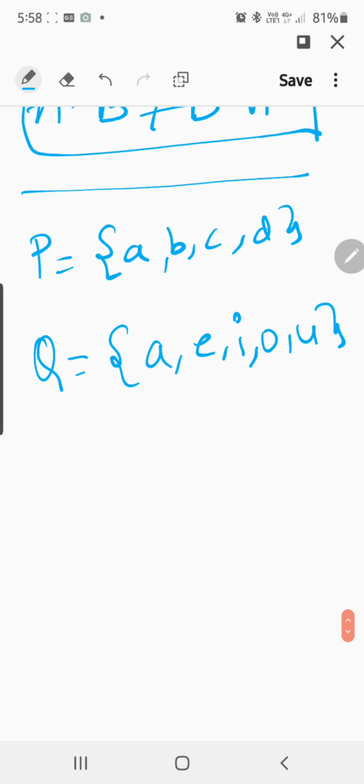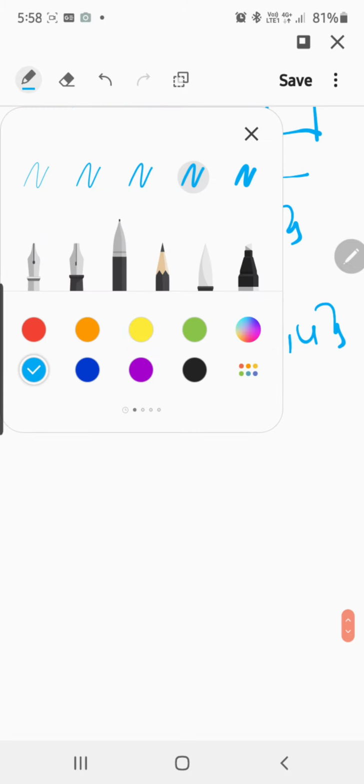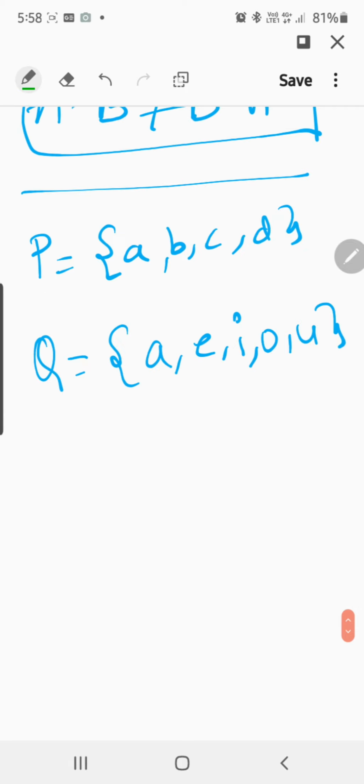Now I am performing the same operations, that is union, intersection and minus. So again we will start with our same thing, P union Q. What is my union?